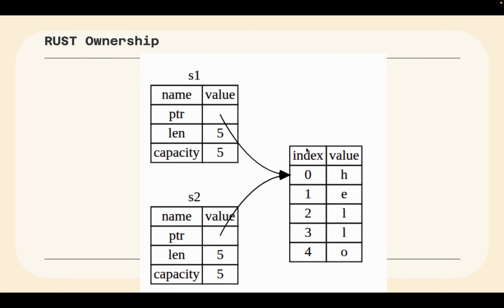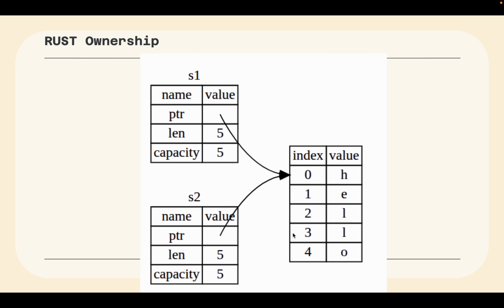Then next time, when s2 goes out of scope, it will again try to clean up the same memory, right? In that scenario, there will not be any memory to clean up. So this is called the double free problem. To avoid this, Rust keeps only one owner at a time.